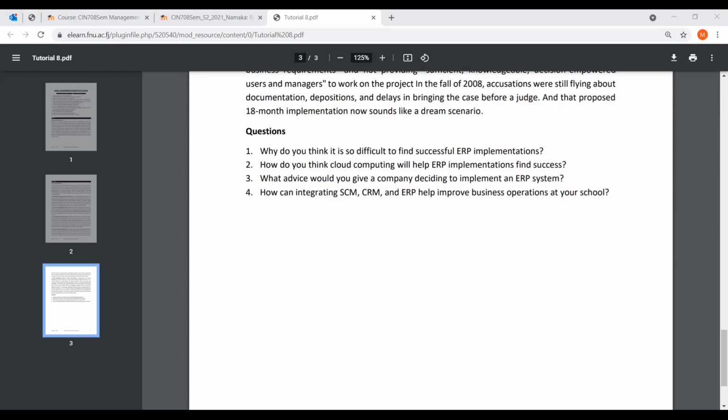Example, give the example as human resources, technical resources, economic resources, and schedule resources.